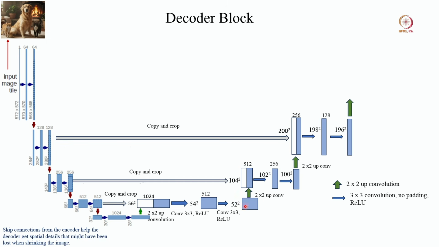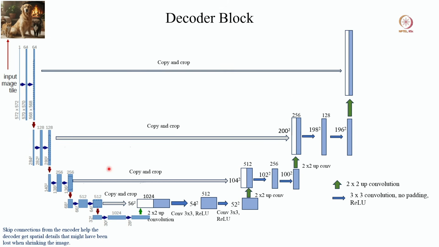Again there will be a 2 cross 2 up convolution. So it goes in this fashion, and there is one more layer of copy and crop from the encoder, and we get this feature map, which has the same number of channels, 128, from the previous level, and the size is double of 196, which is 392 cross 392.